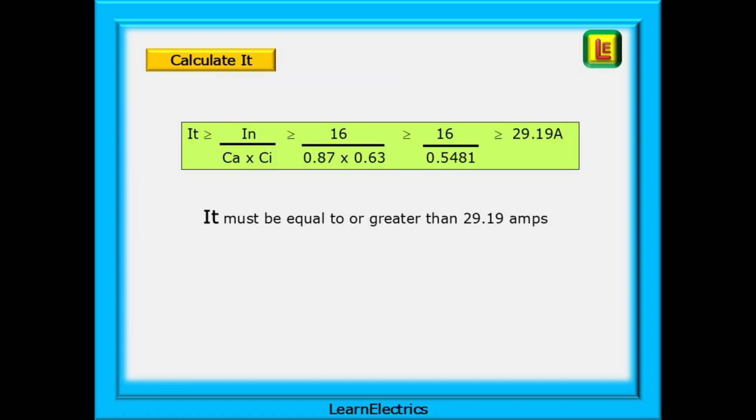Putting these numbers into a calculator, 16 divided by 0.87 and 0.63 multiplied together gives us 16 divided by 0.5481, which equals 29.19 amps. So IT must be equal to or greater than 29.19 amps.